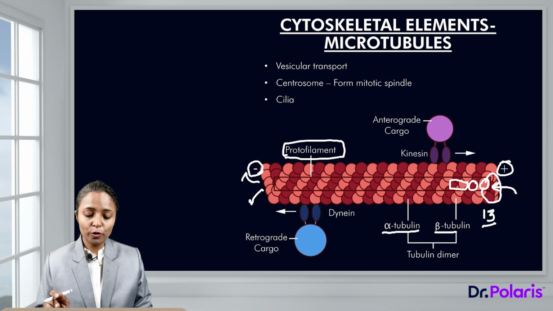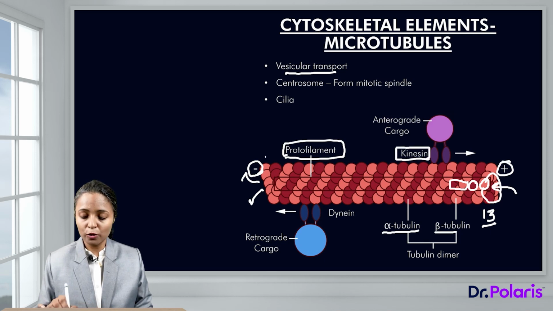Now this microtubule has various functions. First of all, it is important for vesicular transport. There are certain molecular motors which carry substances from one end of the microtubule to the other end. Examples of these molecular motors are kinesin. So kinesin is a molecular motor which moves from the negative end to the positive end of the microtubule.